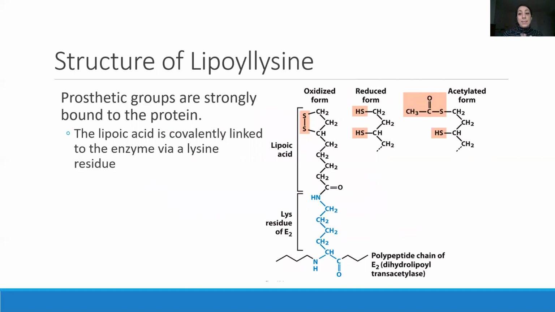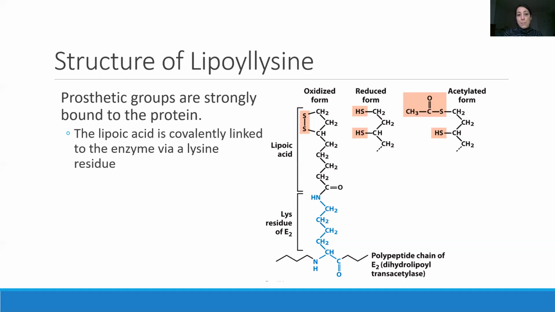Now, the second complex E2 is going to utilize a coenzyme called lipolysine. This is another prosthetic group. So just like our TPP, it's a molecule, not part of an amino acid or protein. It's a molecule that's attached, bound to the protein, and helps act out the protein's catalysis. Here's what lipolysine looks like.